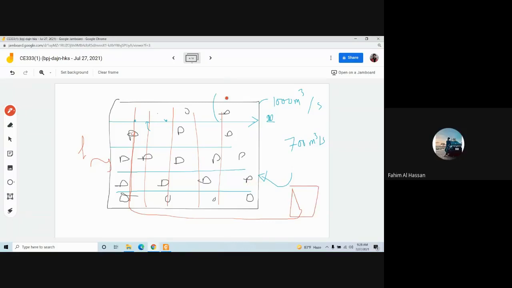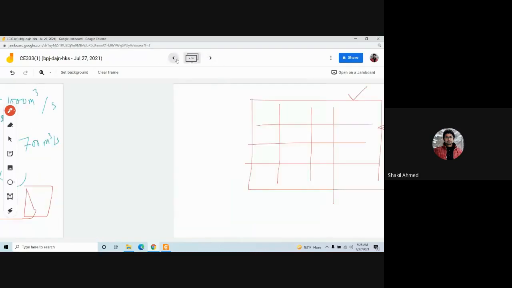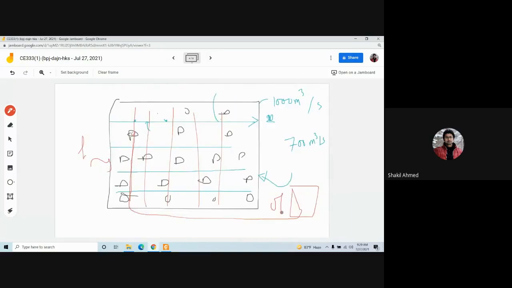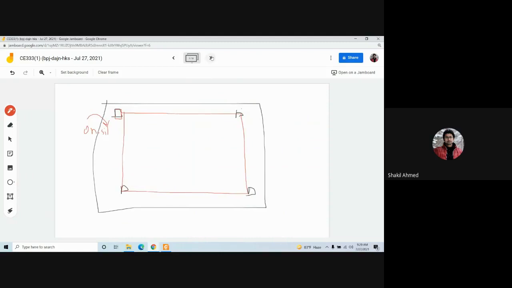So that was off-site, because you are collecting and transporting the waste from the source of generation to somewhere else. But in an on-site sanitation system, what we do is this.